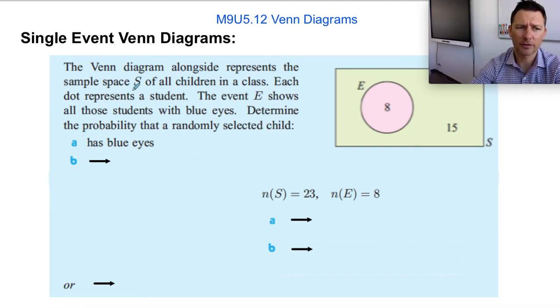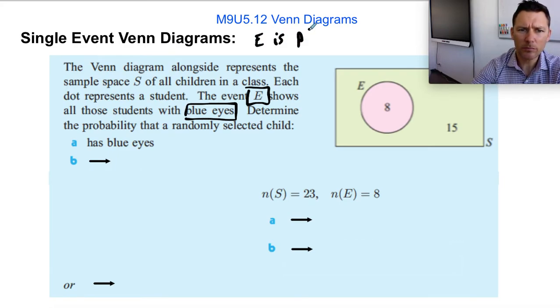Venn diagram talks about sample space with children, students in a class, and event E is blue eyes. So you could think about E is blue eyes. Great.